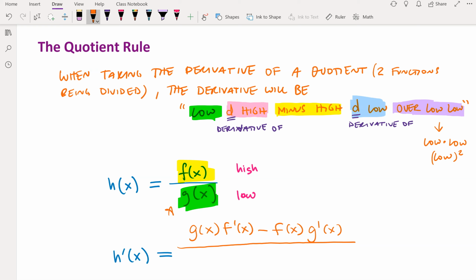The low function, again, was g of x, so we're going to say g of x squared. Okay, so if we say it again, it says low d high minus high d low over low low. We have low, and then derivative of high, minus high, derivative of low, over low low. Cool. We're going to do an example, and then we will get some practice in.